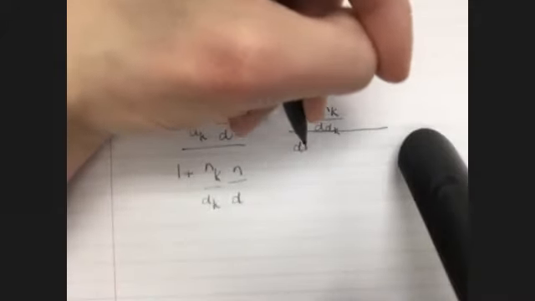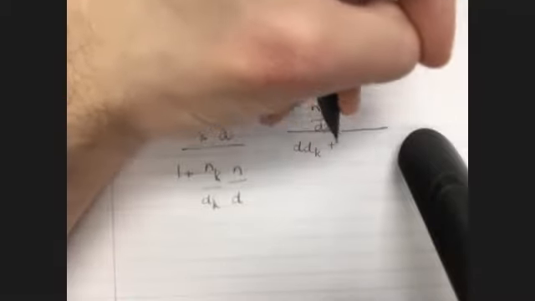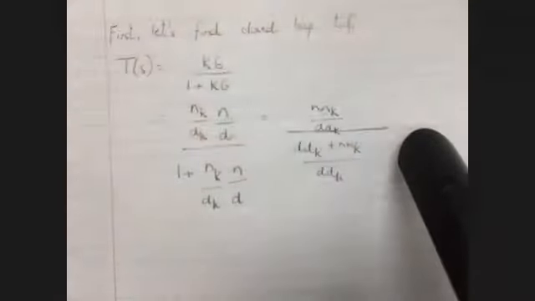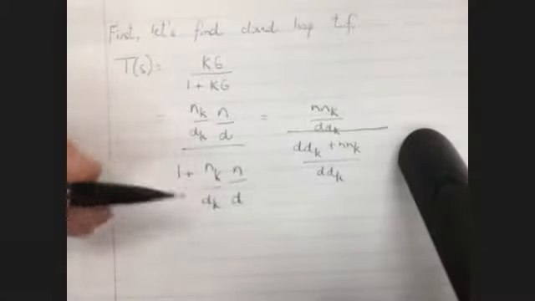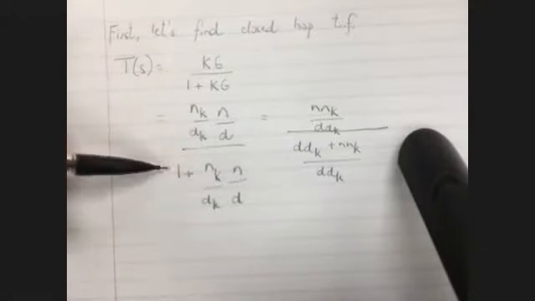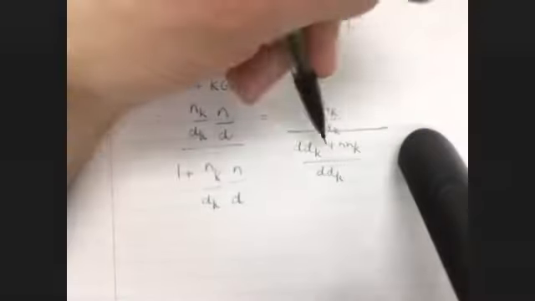Then over here, I'm going to get D DK plus N NK over D DK. So I just found the common factor right here. Notice I can now cancel those things.